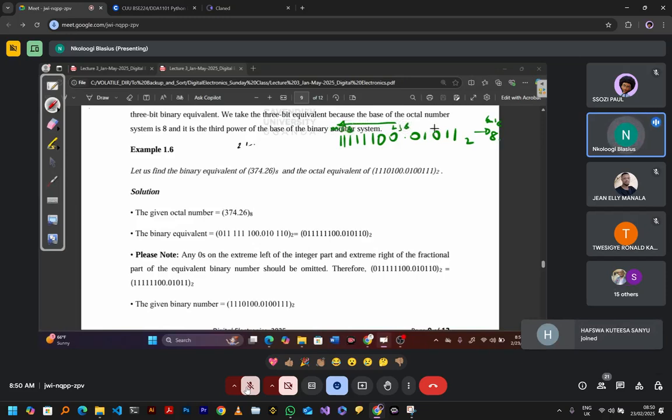For the fraction part, you'll be moving from MSB to LSB. MSB is here, LSB is here. So in this case you're going to group like this. This one is the first group of 3. This one is the second group of 3. And this one is the last group.